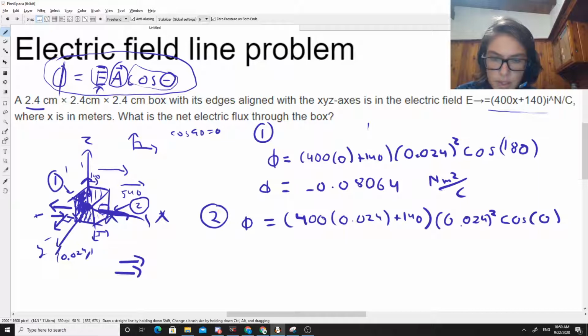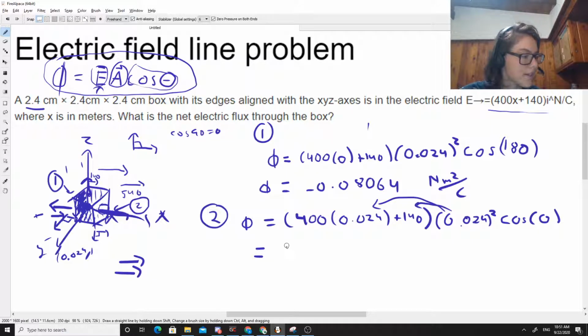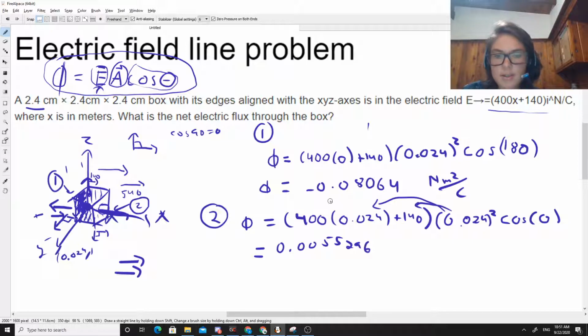And the area times the cosine will give you a solid number. If you multiply that in two parts, one times 400 times 0.024 and the other times plus 140, I'll keep it in 2 different numbers just so it's easy. You'll see it'll cancel out more nicely. You'll get a number such as 0.0055296, something along those lines, for multiplying this whole part of it times this whole part of it.